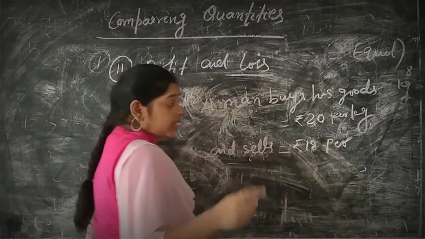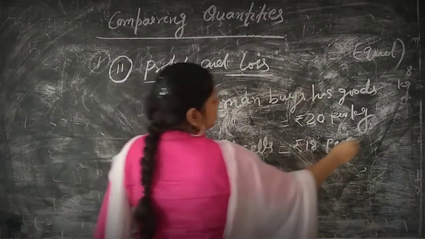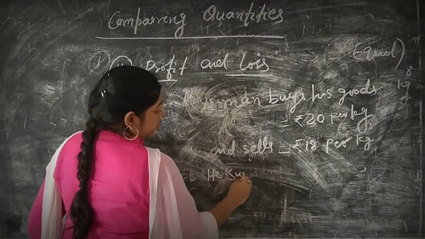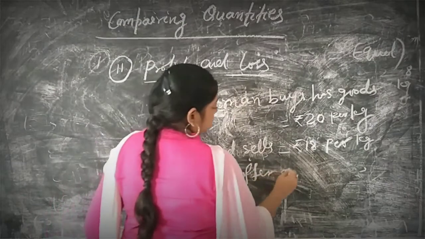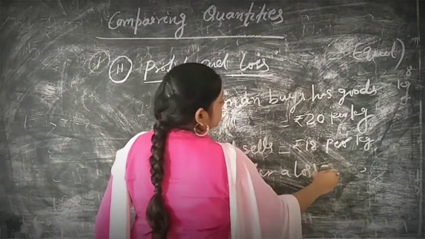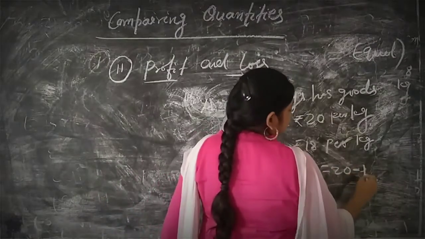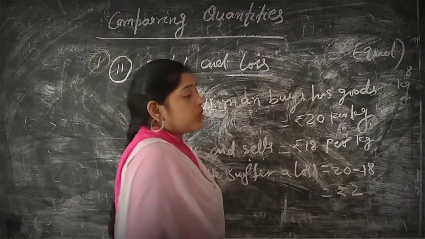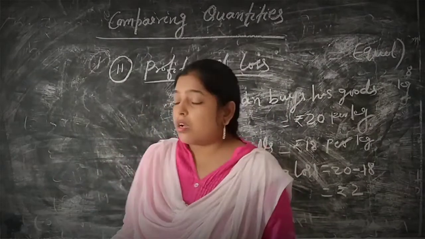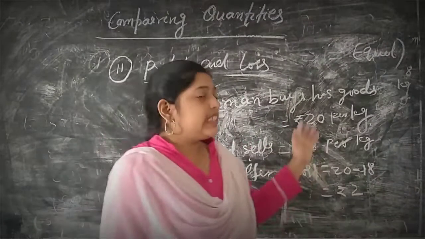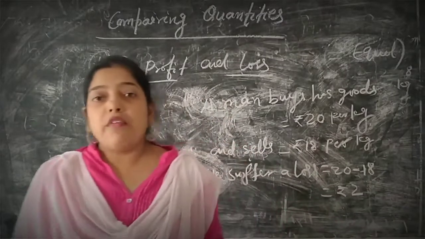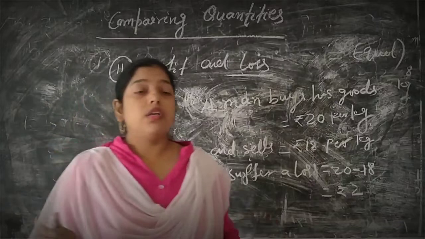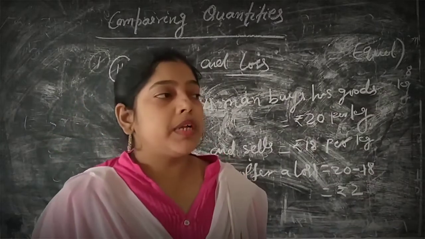So he suffers a loss. How much loss? 20 minus 18 is equal to 2. So in this example, profit and loss all depend on the selling price and cost price.